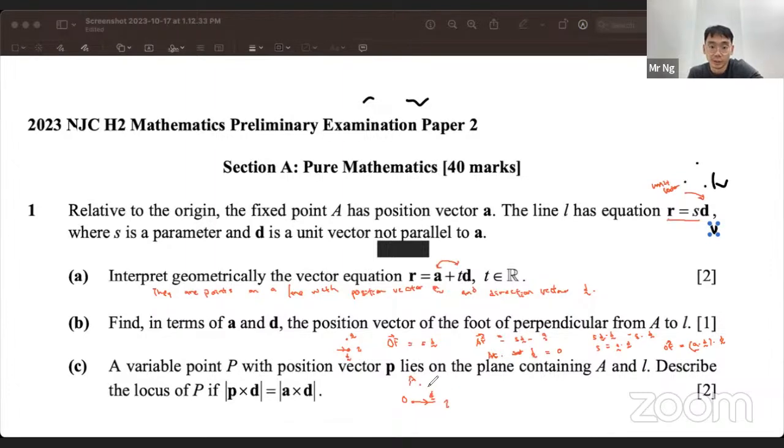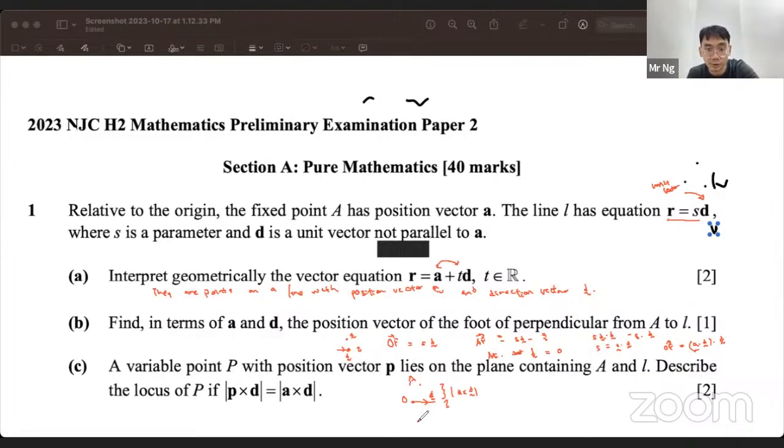We know that A cross D, because D is a unit vector, is the perpendicular distance from A to L. So P cross D is the same as A cross D, so we expect them to have the same distance.